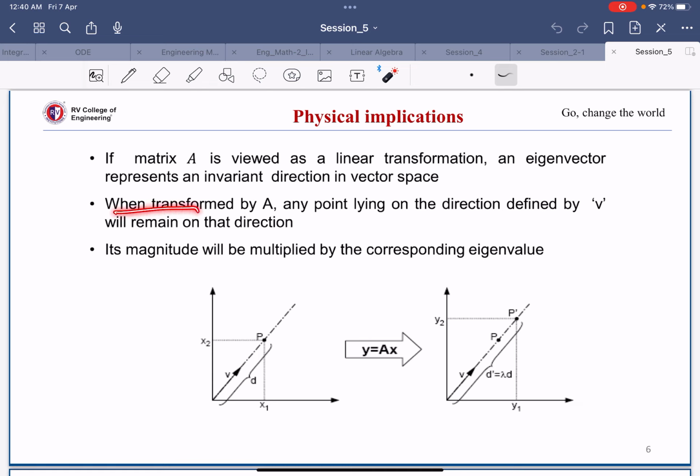So when transformed by A, any point lying on the direction defined by V will remain on that direction. Its magnitude will be multiplied by the corresponding eigenvalue, right? So that has been pictorially represented here. It is clearly visible, right?